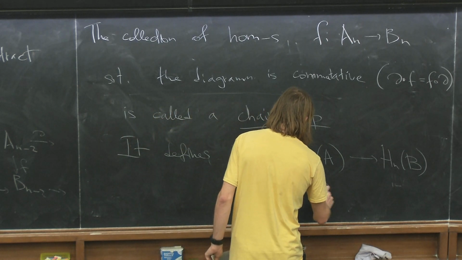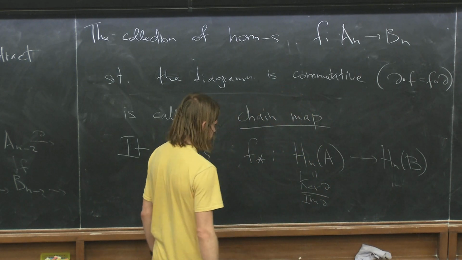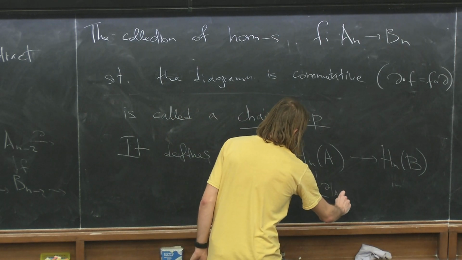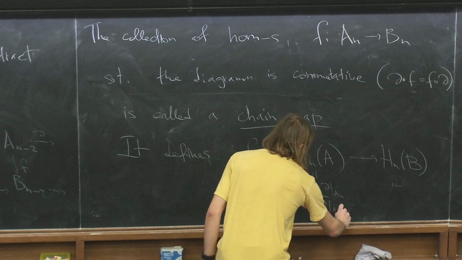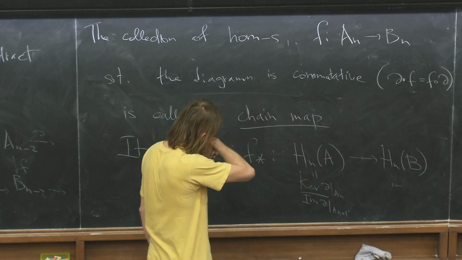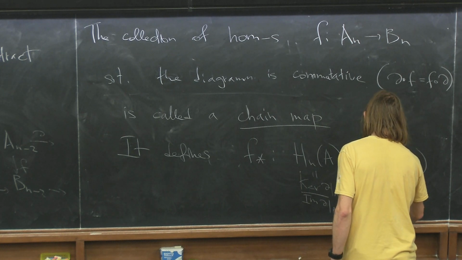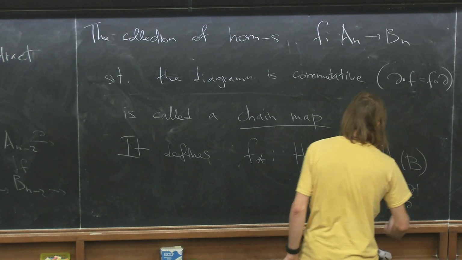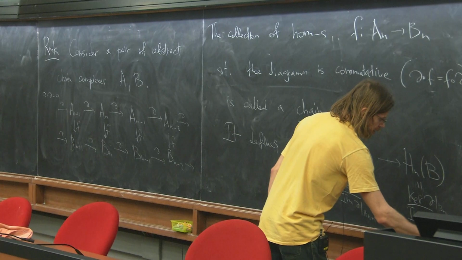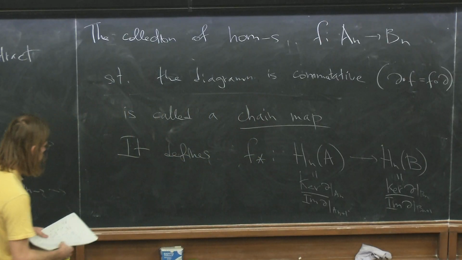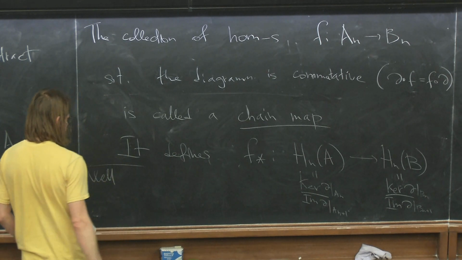Defined as a kernel of D over the image of D, D meaning the D acting on A_n group, and here D acts on A_{n+1} group. Now here is kernel of D, image of D, and here D acts on B_n, and this D acts on B_{n+1}. So why does this work?